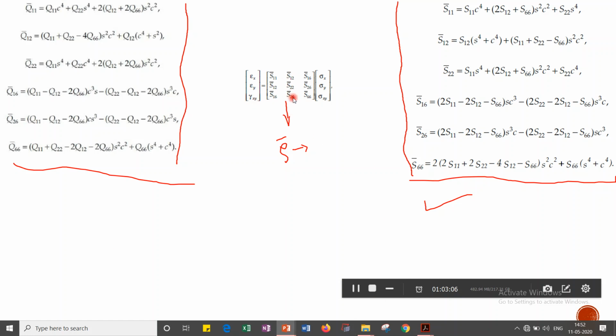Okay, in order to calculate this, what we call the reduced compliance matrix, I have to go through this part. All these six equations, you should remember this. These terms we have to calculate: S11, S12, S66, and S22 also.